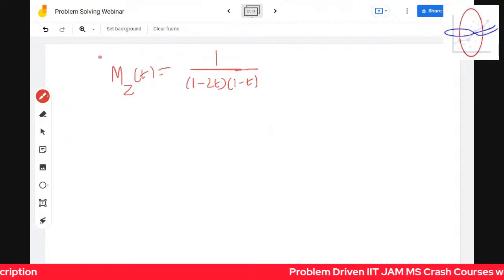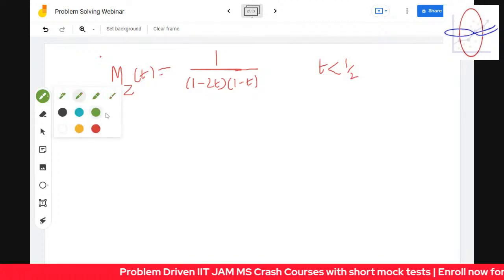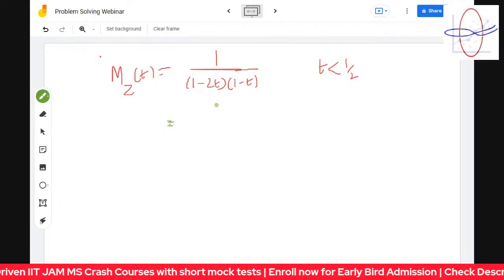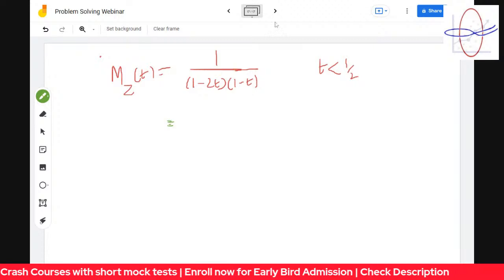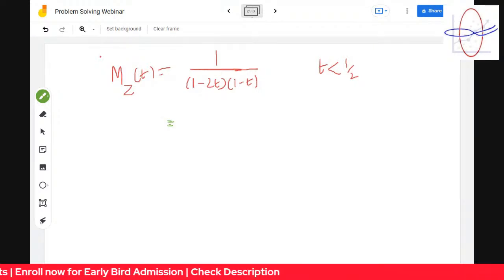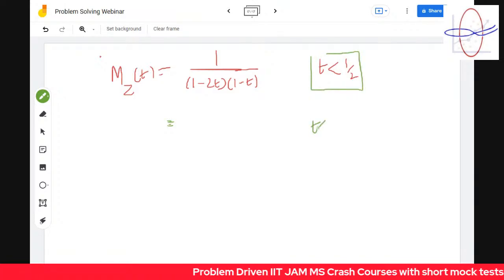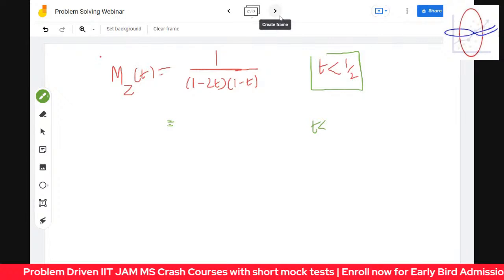So in this MGF we have 1 minus 2t and 1 minus t. But are they MGFs? They are not MGFs, and the reason is that t is not less than 1. If t was less than 1, then it would be an MGF. You understand? There are a lot of things over here.